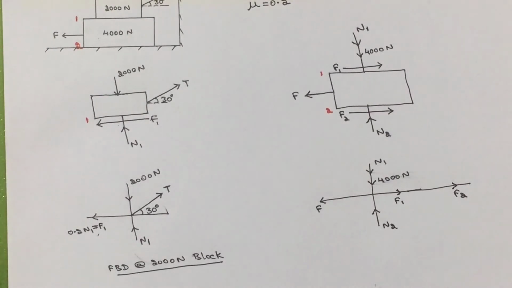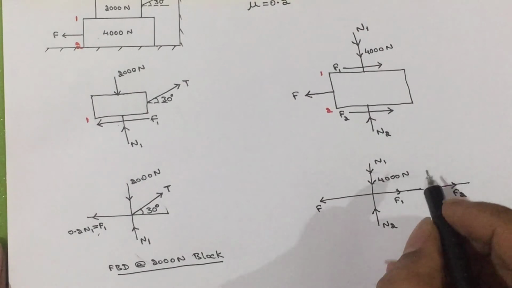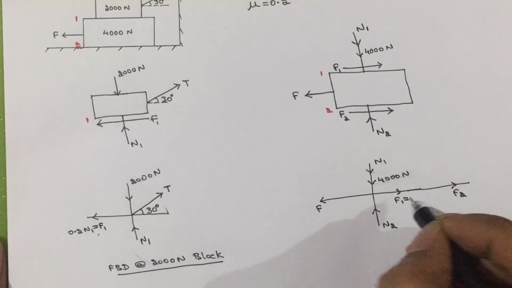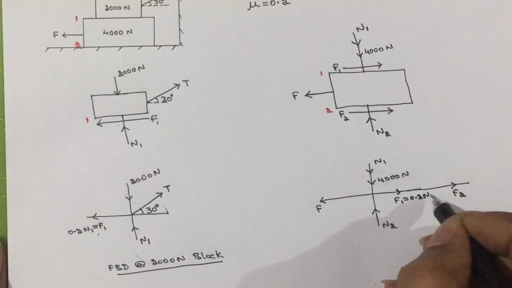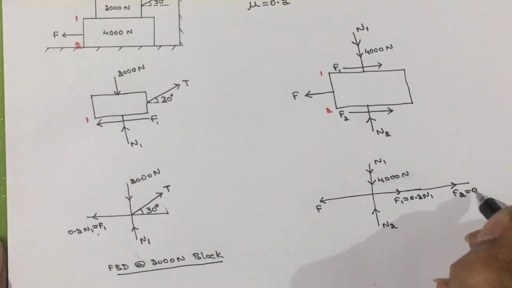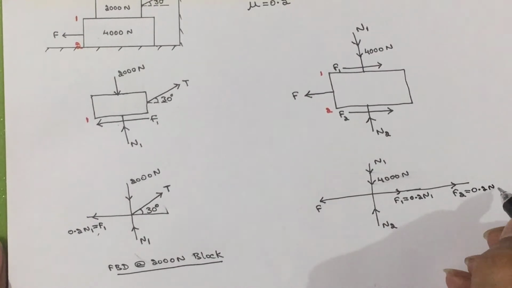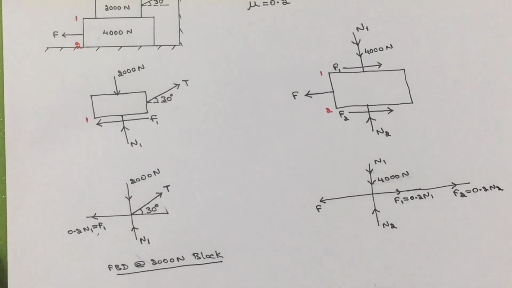Here we will write F in terms of N. So we know that F is equal to mu into N, mu is given by 0.2. So F1 is equal to 0.2 N1, F2 is equal to 0.2 N2. Okay.